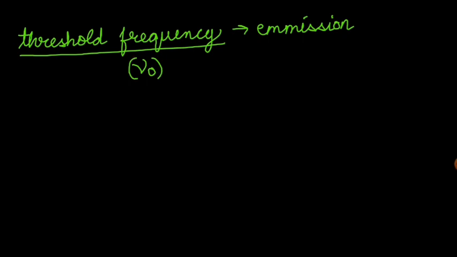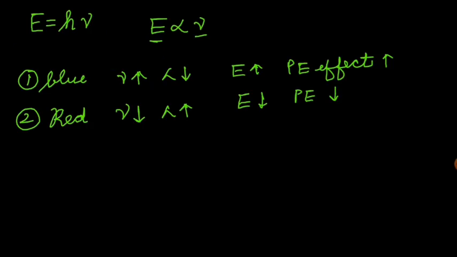Here we see that no photoelectron will be emitted till it gets the threshold frequency. So the frequency should be either greater than or equal to the threshold frequency.